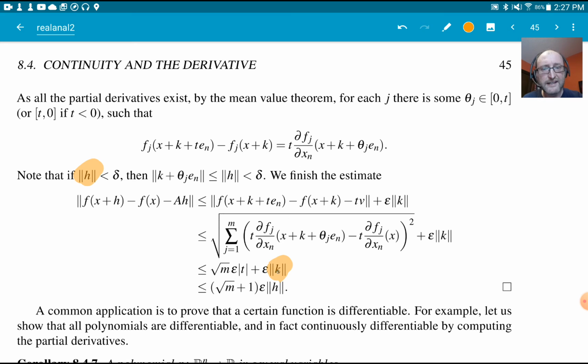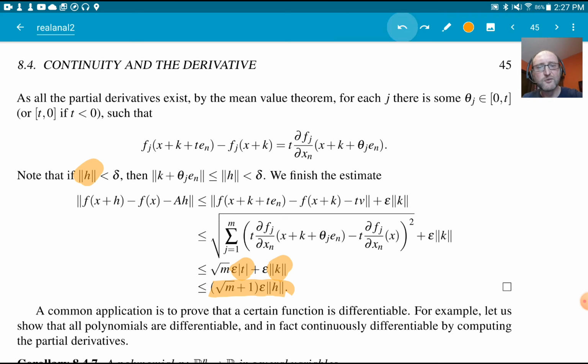So I can replace this with h. Also, absolute value of t is bounded by norm h, for the same reason. So I can bound both of these guys from above by norm h. Now if I do that, I get this expression over here, and I claim I'm done, right?